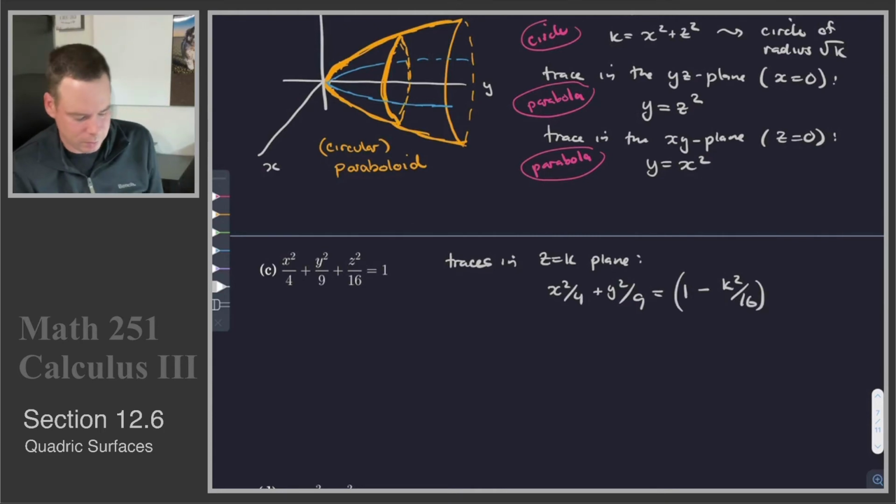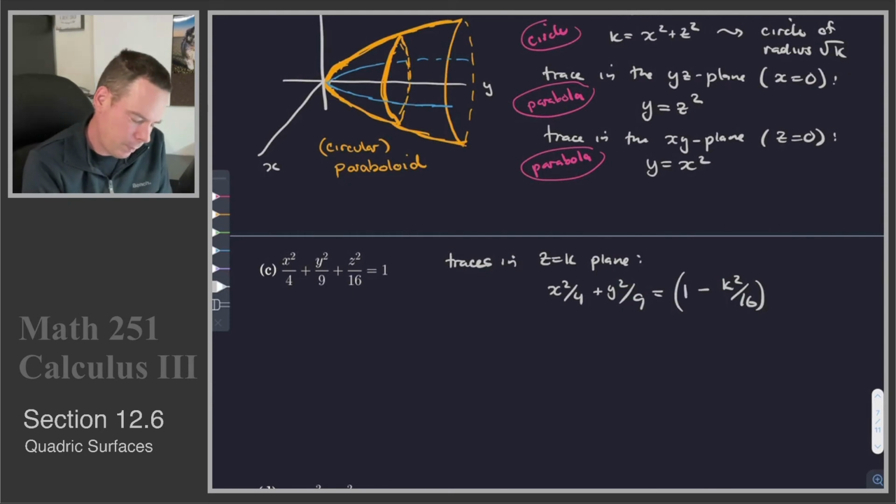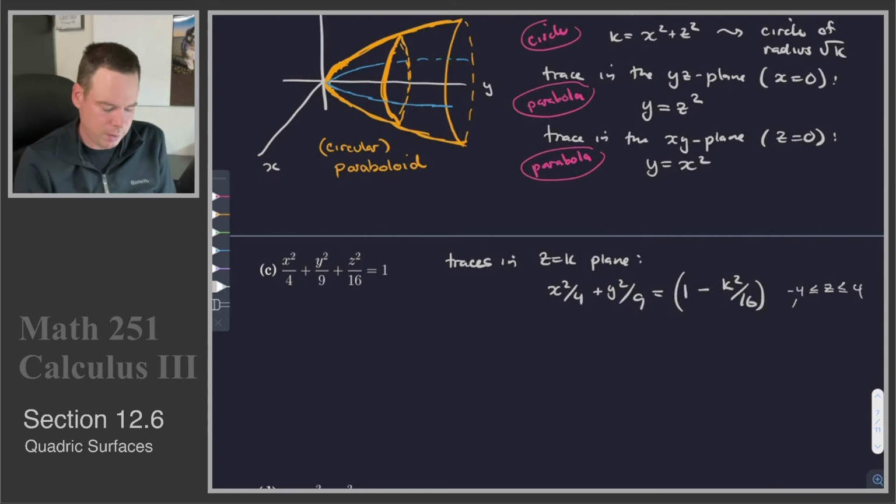I'll put that in parentheses just because it's some constant on the other side for a given value of k. z's got to live between -4 and 4 in order for that right-hand side to be a non-negative number, and so that for us to actually have values for x and y that satisfy the equation.